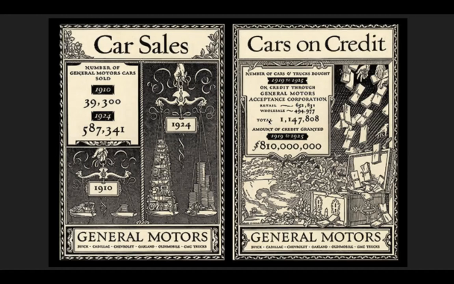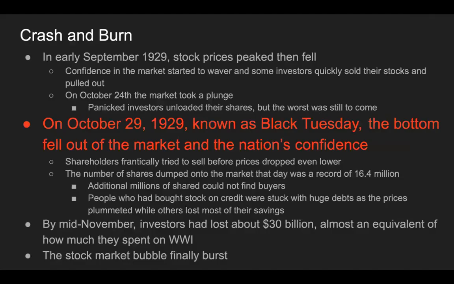So a total whopping of 1 million cars sold, giving the amount of credit of $810 million, which we've looked at money for the 1920s. That is absurd. You have all that money floating around. It's not actual cash. You know what I'm saying? Again, credit. Buy now, pay later.